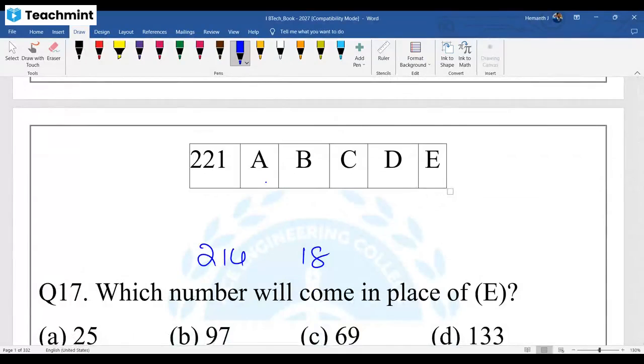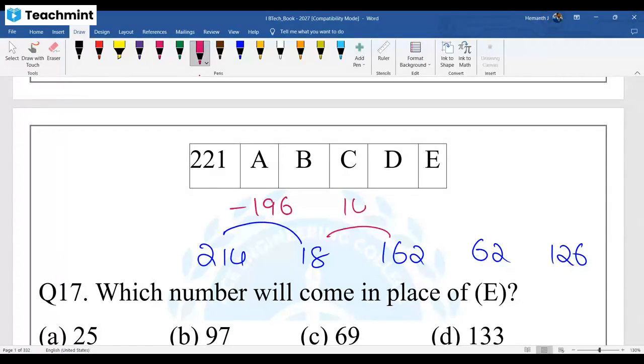the difference between the numbers. If you take the difference, what is the difference here? First difference 196, then 144, then 100, then 64. What are these numbers?